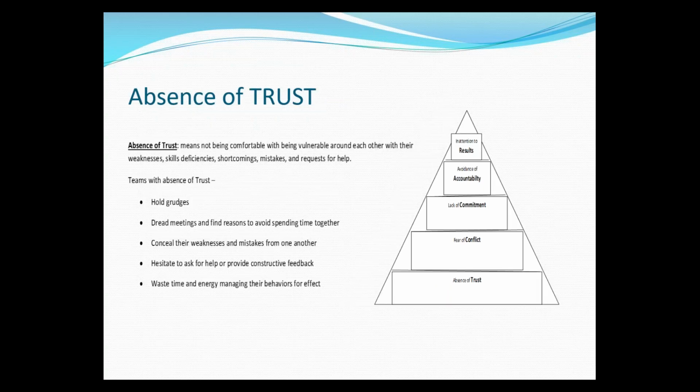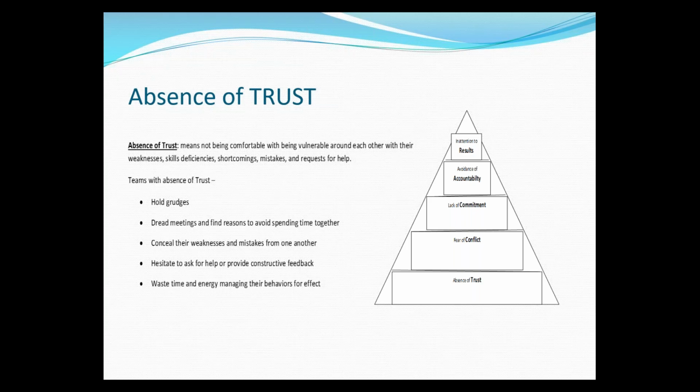And in the absence of trust, many of us have probably had these kinds of experiences where the team members will hold grudges, or dread coming to meetings because it's not a safe place, or people will not be open with each other. People can't talk about mistakes. People can't talk about what we need to do better.